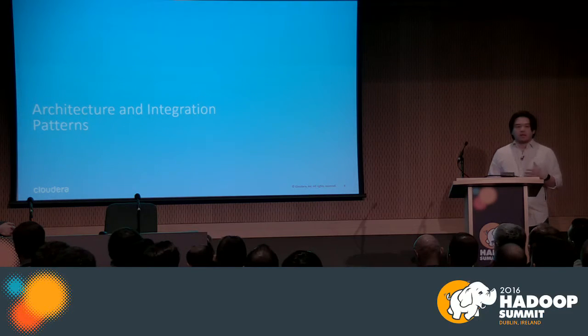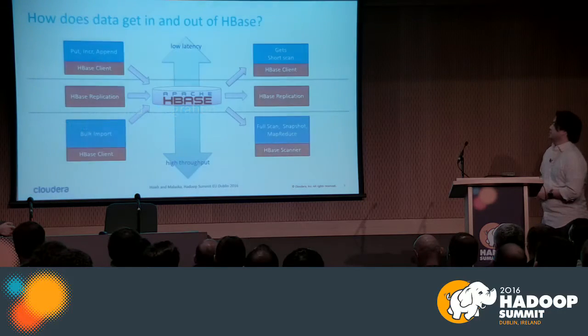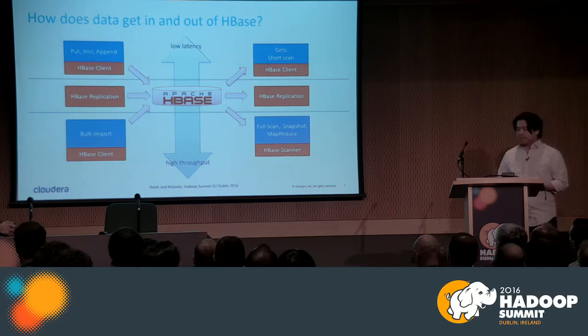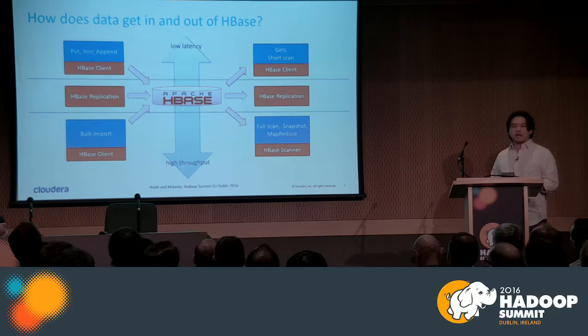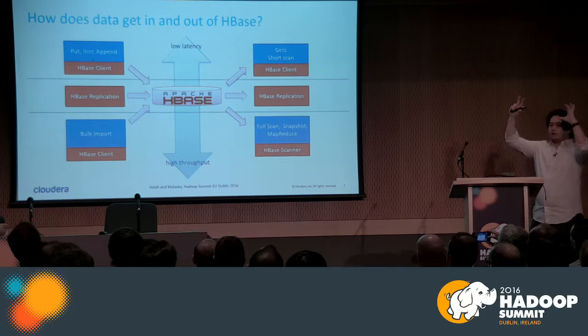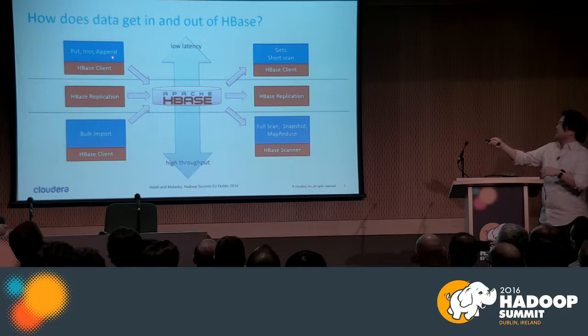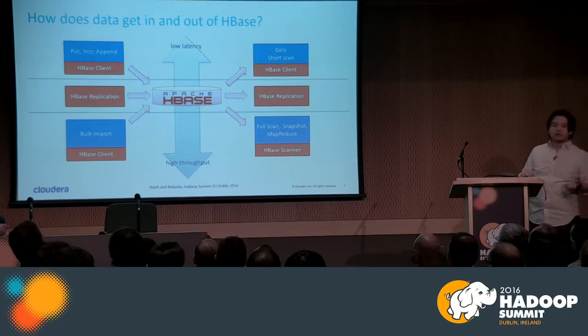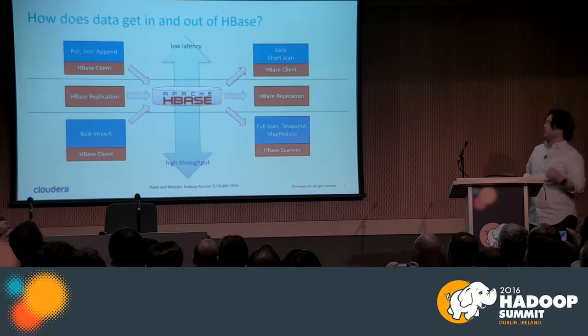OK, so let's talk about the patterns that we have. HBase basically has three ways of getting data in and three ways of getting data out. We have our low latency, near real-time operations for reading and writing. Reading on the right, writing on the left.